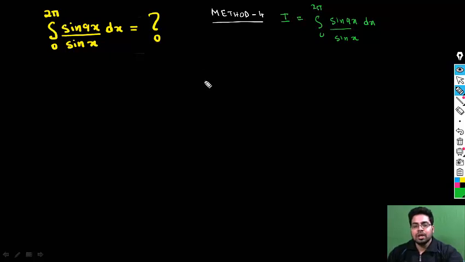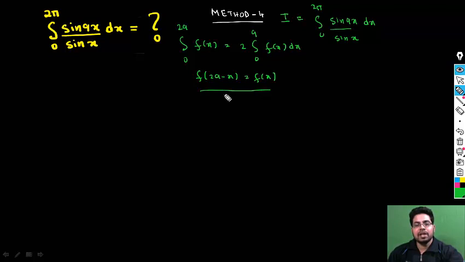So I know that integration 0 to 2a f of x is equal to 2 times integration 0 to a f of x dx, provided f of 2a minus x is equal to f of x. We have this property in definite integral.